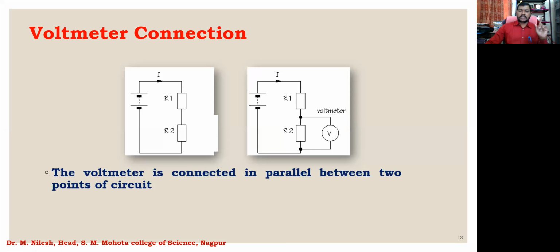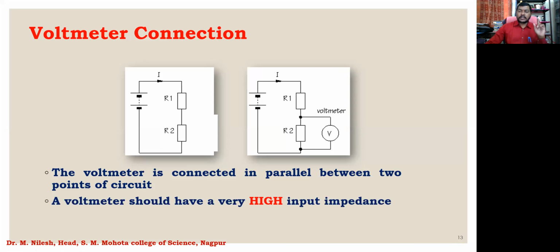The voltmeter should have very high input impedance. Mind this. Why? Because whenever it is connected in parallel, current may flow through the voltmeter. So it should have a very high impedance so that minimum current flows through it and maximum current flows through the resistances or the loads.